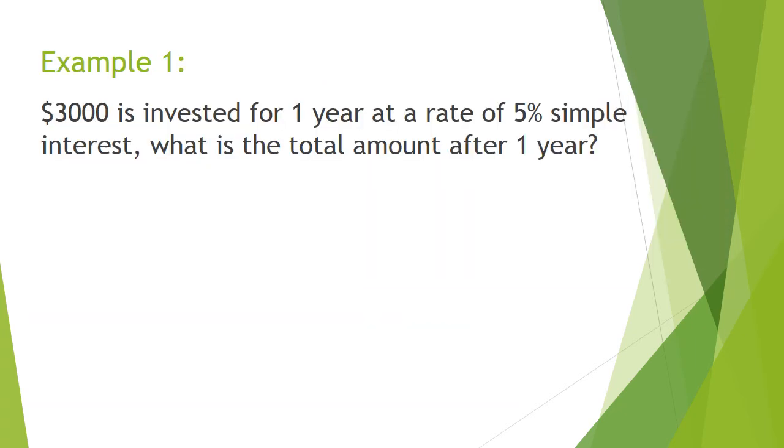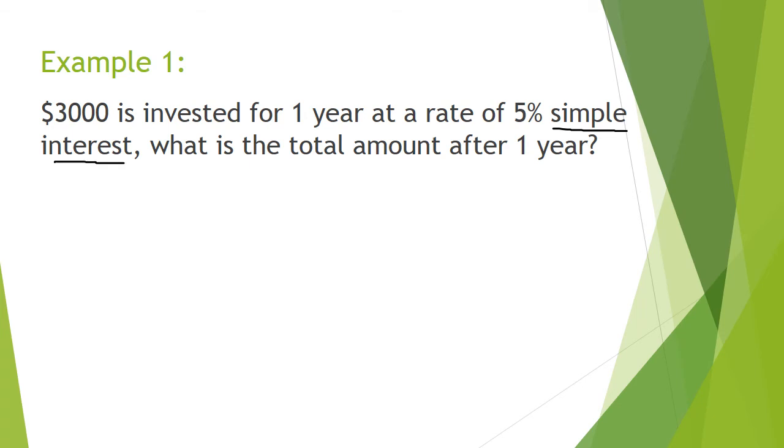Now let's look at this example. We have $3,000 invested for 1 year at a rate of 5% as simple interest. What is the total amount after 1 year? So in this case, we have the simple interest option.